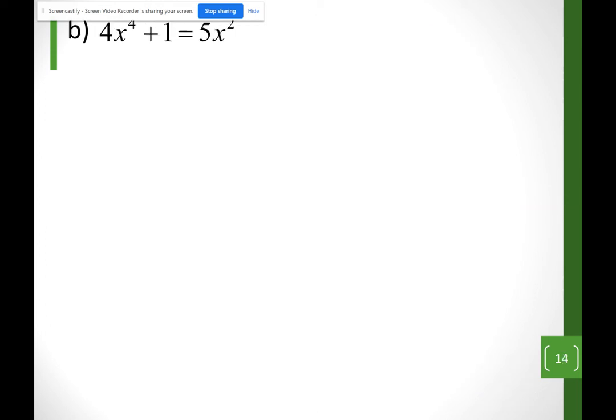Let's take a look at another example. I have this as 4x to the 4th minus 5x squared plus 1 is equal to 0. I look at my exponent and I'm going to say u to the 2nd is equal to x to the 4th. Let me do the square root. Remember, when we do a square root of an exponent, it's basically half of the exponent.